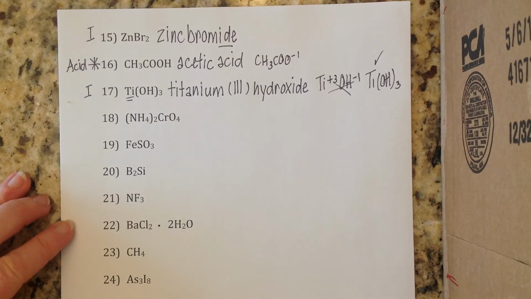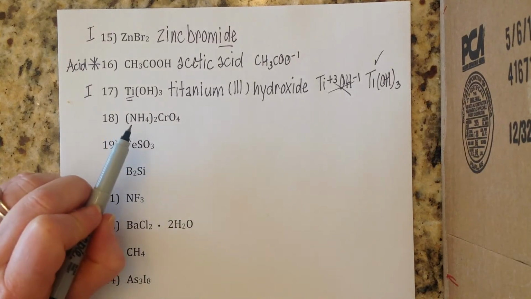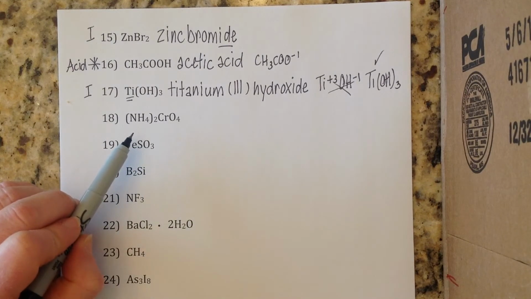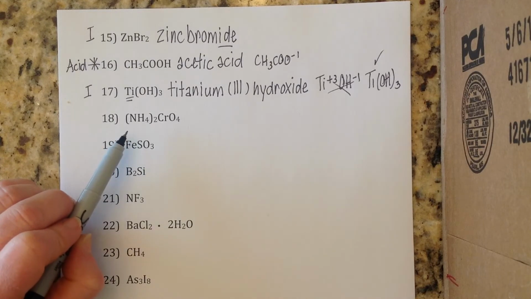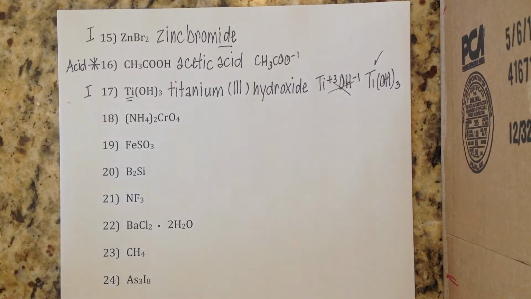Number 18, this one's a little unusual. It is an ionic compound because it has 2 polyatomic ions. Typically with ionic compounds, we're used to seeing a metal first. But because ammonium is a positive polyatomic ion, when it's in an ionic compound, it's going to be written first because the positive ion is always written first. So in this case, you just say what you see. Now, if you don't have your polyatomic ions memorized, then that's going to look like a real beast.